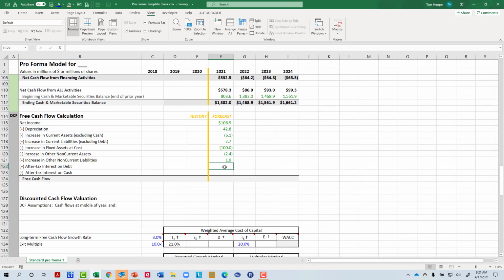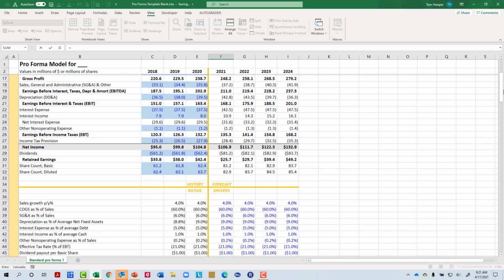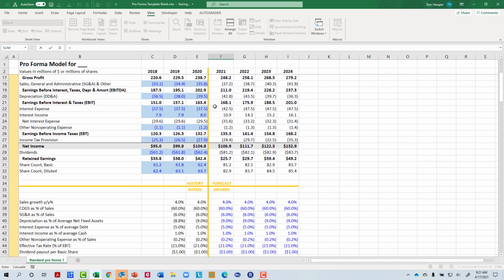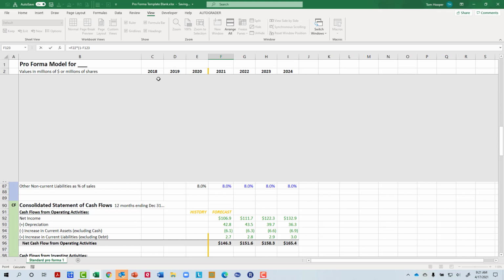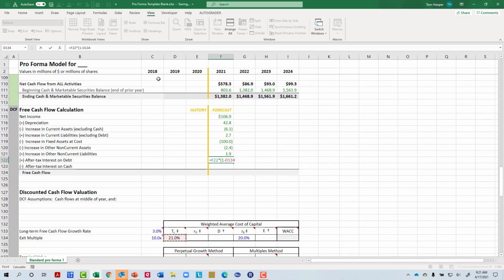So to get after-tax interest on the debt, I'm going to take the interest on the debt, the interest expense, times 1 minus that tax rate. And I think I need a sign change.